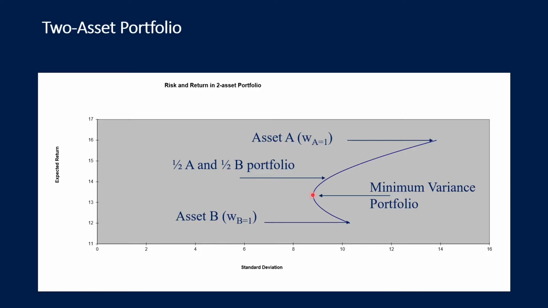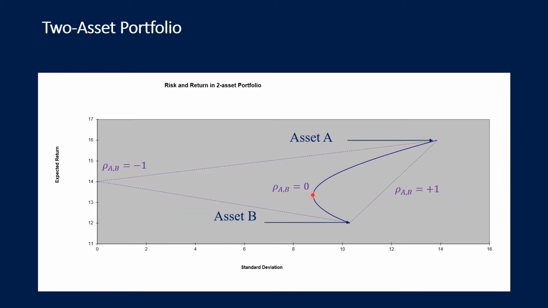And if we now take a look at what would be if we had different correlation coefficients, we look at this picture. Again, here we have asset A, here we have asset B, and this was the last page situation, and that is indeed where rho, the correlation coefficient, is 0.